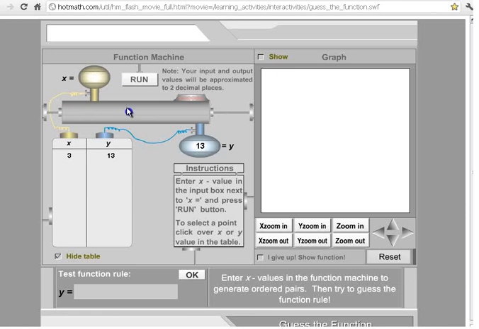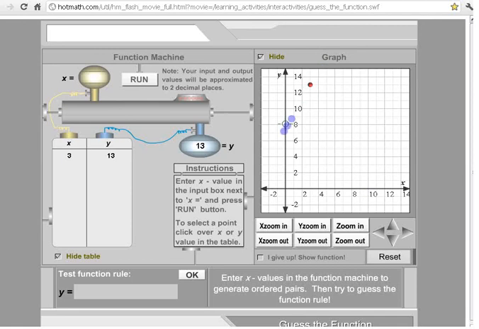If you think you have a possible rule, remember there's a whole bunch it could be, right? Because you could have a line that goes up to the right, you could have a line that goes down to the right, you could have a line that goes straight across, you could have a lot of different things. I'm going to put one other number in here, and it's going to be 5.